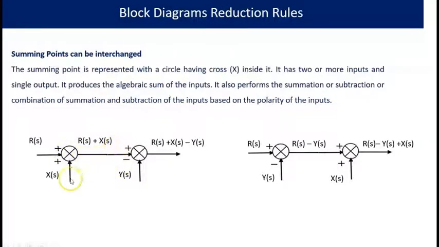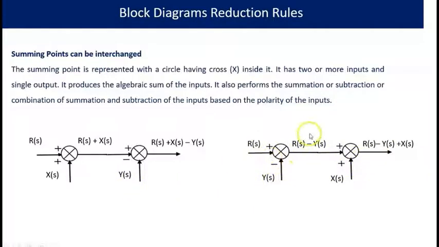So in this example, in this figure, here R of S is the input. Here X of S. R of S and X of S are the inputs to the summing point. So the output is R of S plus X of S. Here the sign is minus Y of S. So R of S plus X of S minus Y of S. And here it is R of S. Here we are interchanging the summing point.